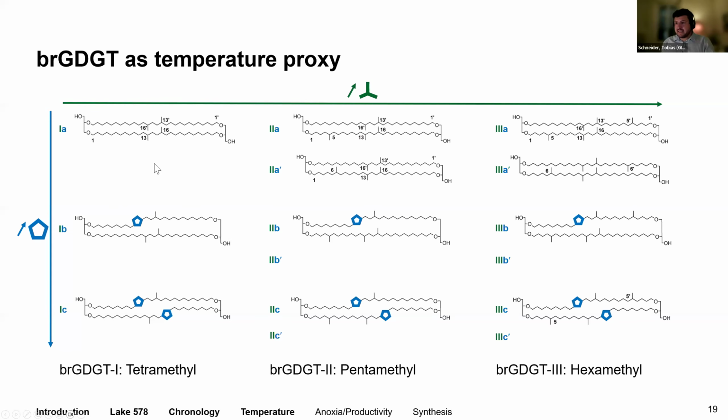And there are 3 different types that we investigate. In total, there are 15 compounds. So pentamethyl with 5 of these methylations and hexamethyl with 6 of these methylations, and then each has also isomers for these two compounds here. However, now we have this data set, and in order to get a temperature signal, we need to extract that using different calibrations.